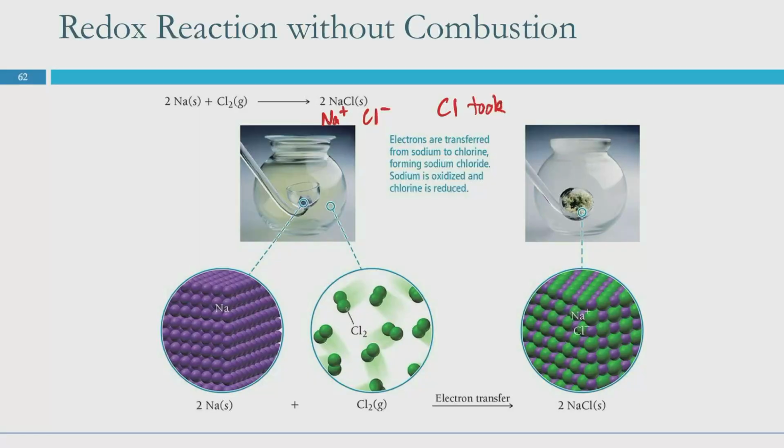In this case, Cl took an electron from the sodium metal. In reactions, metals tend to lose electrons. Nonmetals tend to gain electrons.